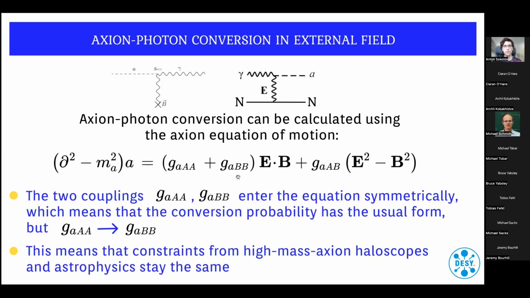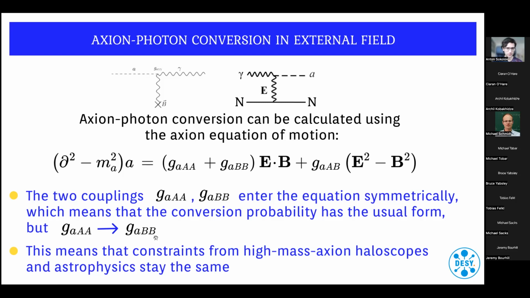So because of the symmetry, we can calculate all the probabilities for this process just by exchanging, in the conventional expressions, AA coupling with the BB coupling. And the only effect will be enhancement of the interaction, not really some new qualitative result.